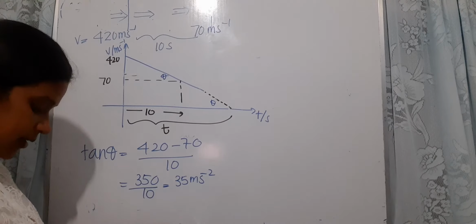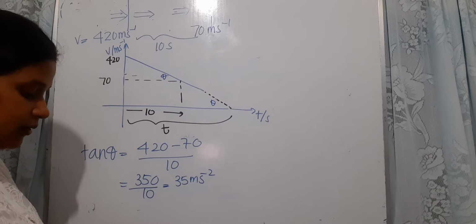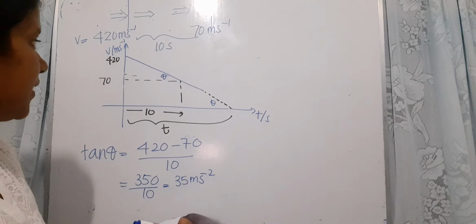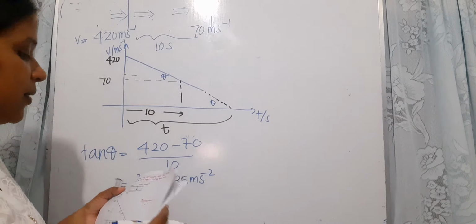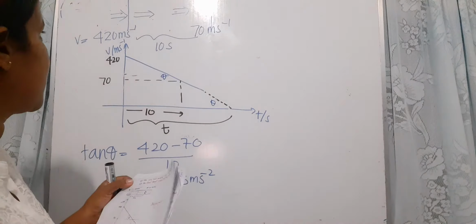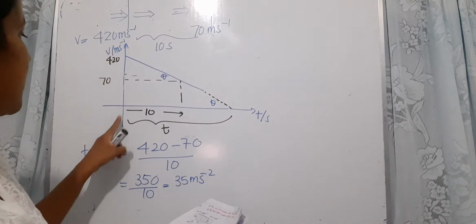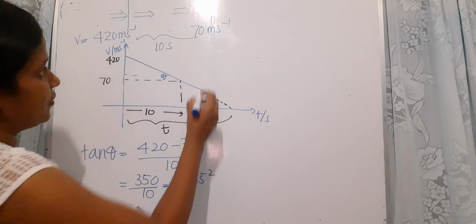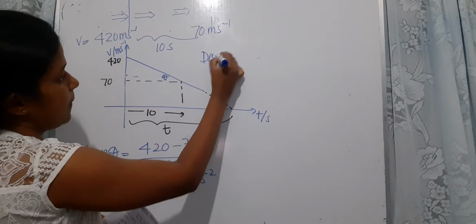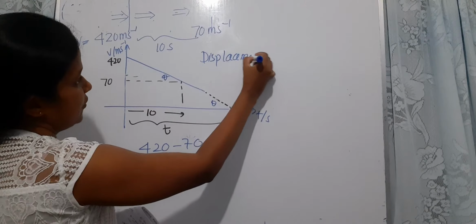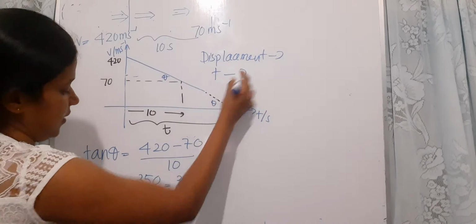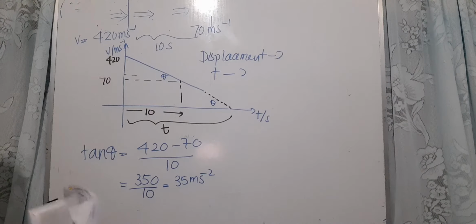So here we have to discuss something. I have taken at the very first moment when the bullet hit the fixed target as 0, this time. Then we have to find the displacement. So t should be found here.